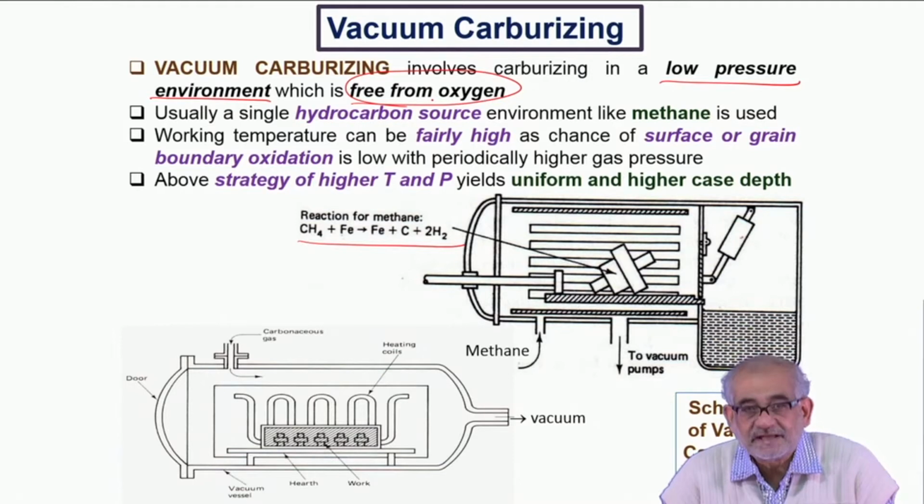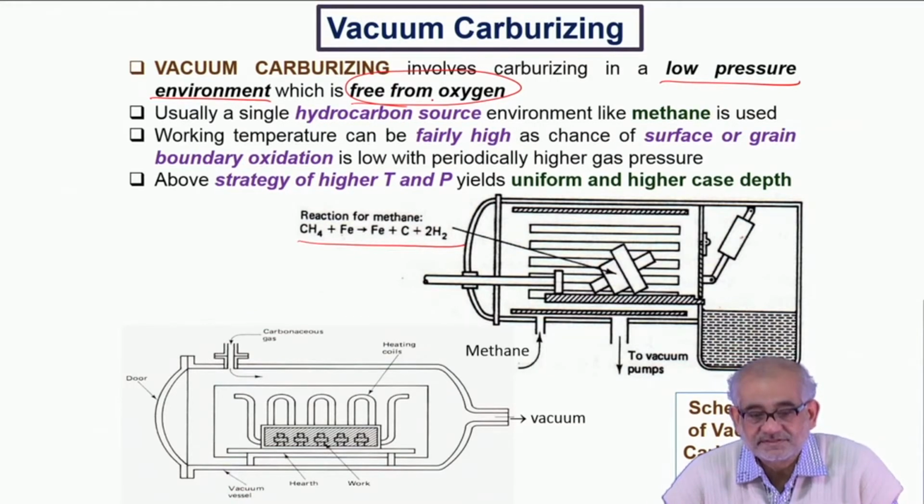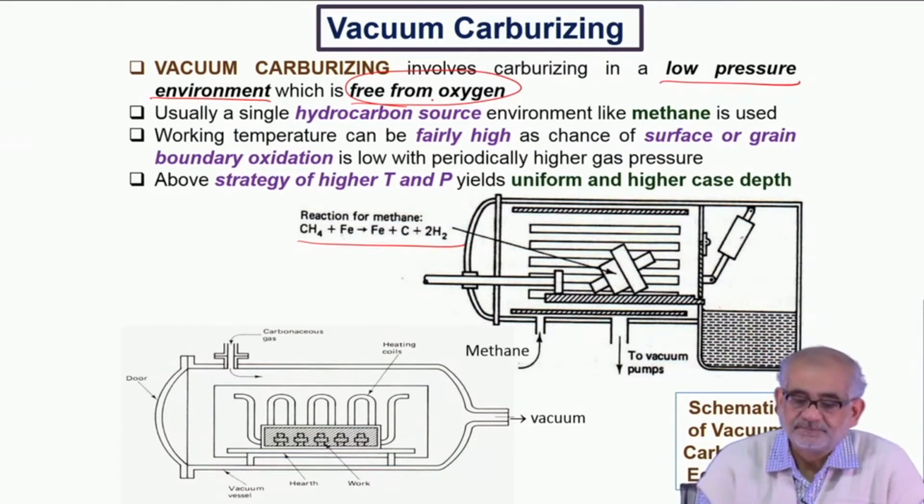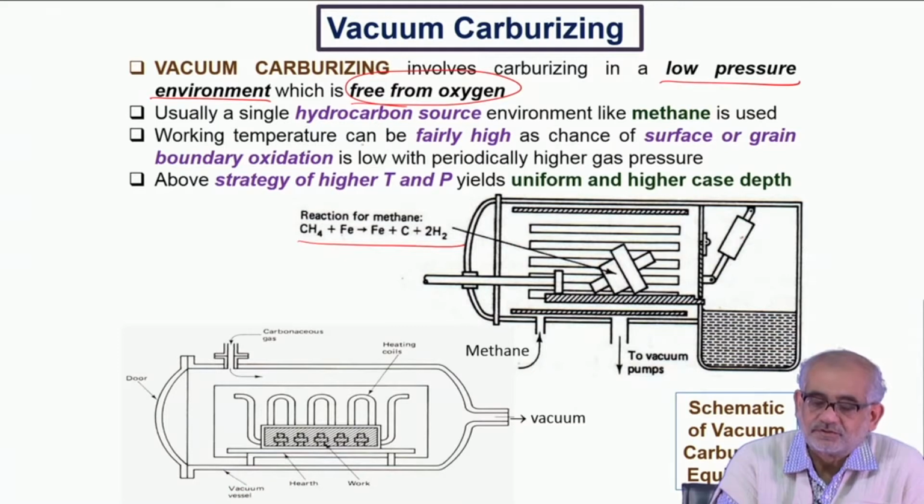Now, oxygen is very detrimental because it always has a tendency of reacting with the hot steel surface and creating a thin oxide layer. And this oxide layer forms at high temperature very easily. Once it forms, it behaves as if it is a barrier for other gaseous molecules or atoms or nascent carbon to diffuse further in. So we would like to avoid that by all means.